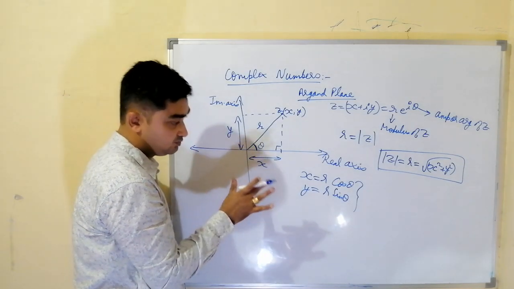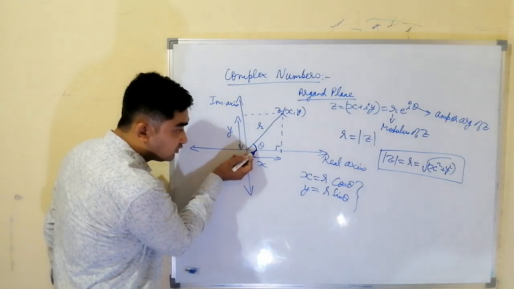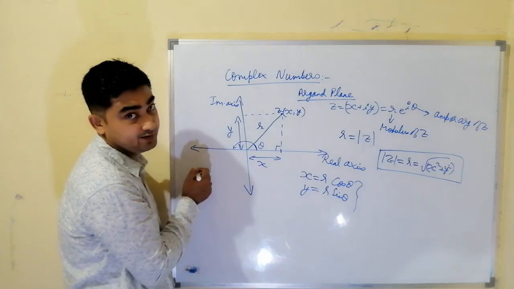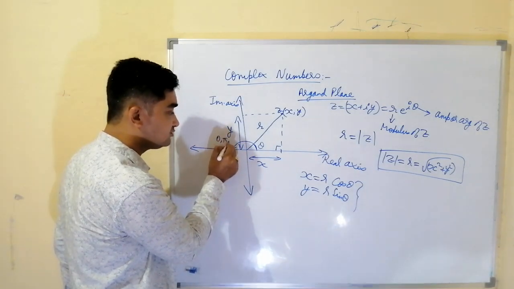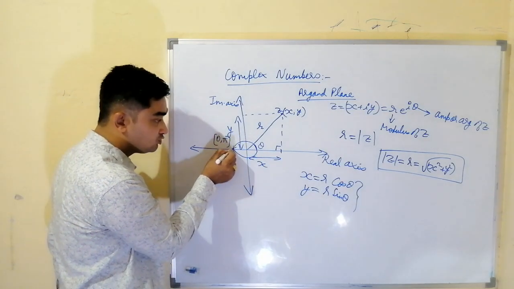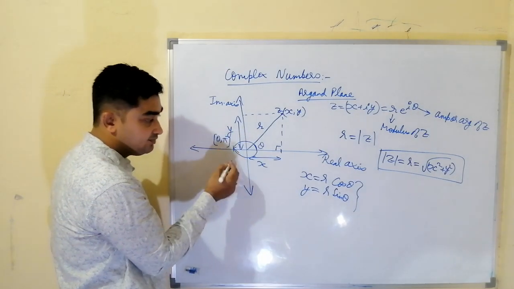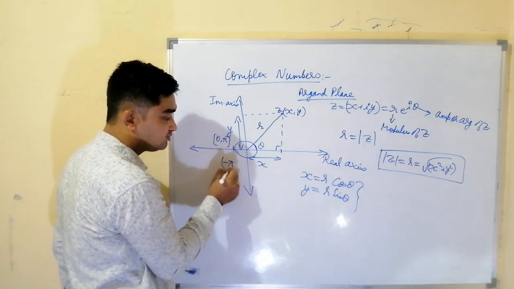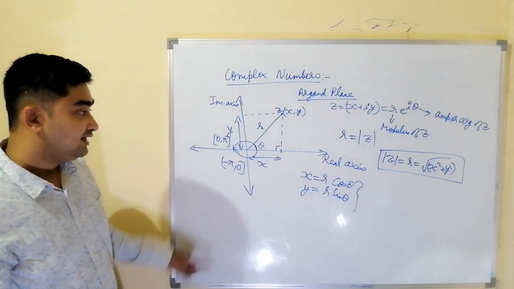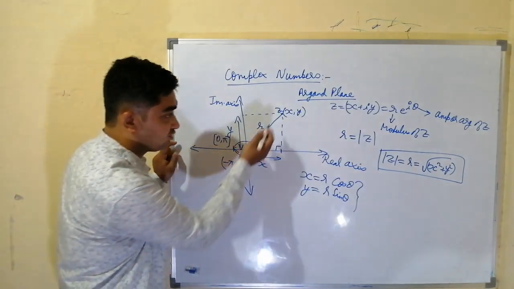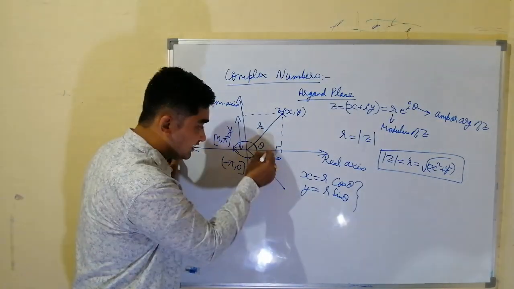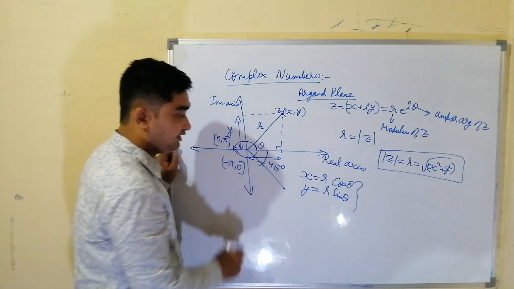In the standard form, for the first and second quadrant, we measure it from 0 to pi. And in the third and fourth quadrant, we move like this and measure it from minus pi to 0.